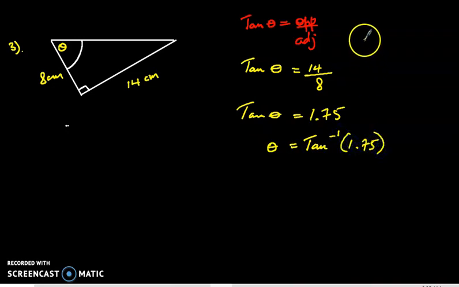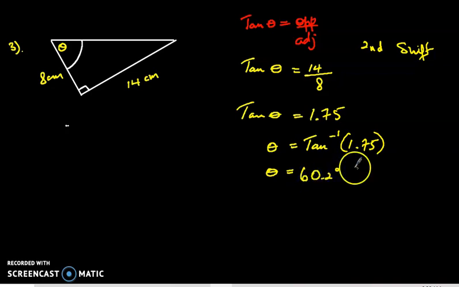Remember the second function or the shift. Once you press second function or shift, your calculator function should change, and then you press tan, and tan inverse will come up, and you put 1.75 in brackets. Equals, and I have an answer of 60.2 degrees.